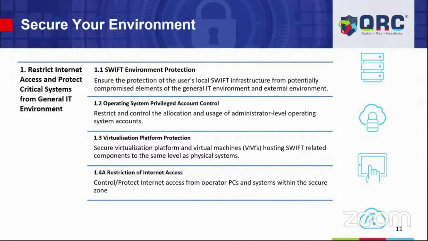So when any organization implements using that specific architecture type, they have to make sure this infrastructure, wherever it is located, has a properly secured IT environment, and also restrict and control who can access these particular systems.